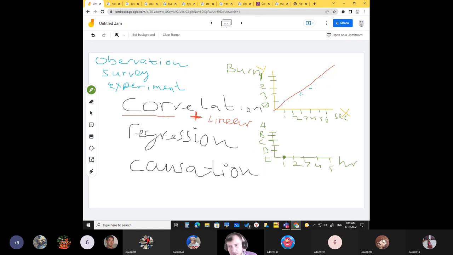So each hour will increase your grade by 1 letter, or by half a letter, right? So we are trying to find the strength of the relationship. Let's say every 3 hours will increase it, right? Maybe like that. Strength of the relationship, okay.